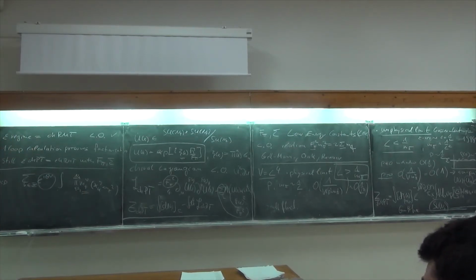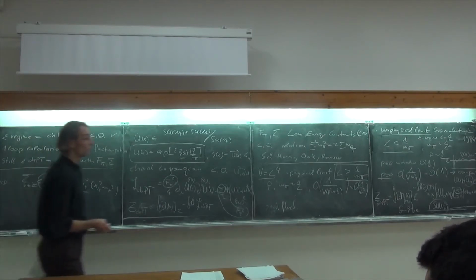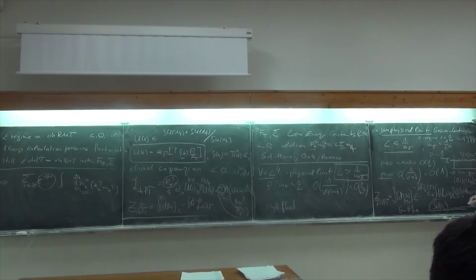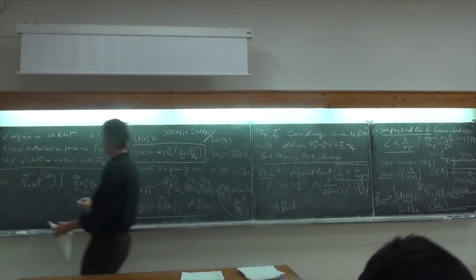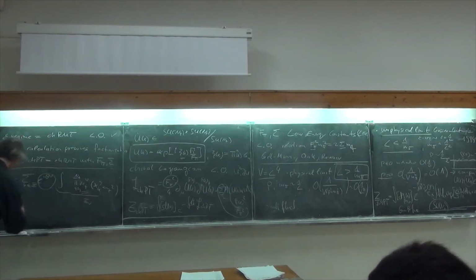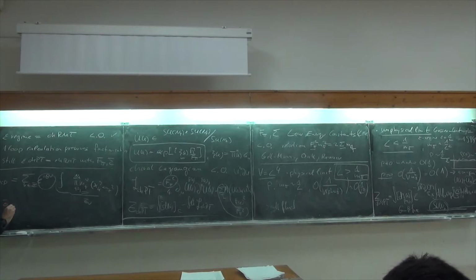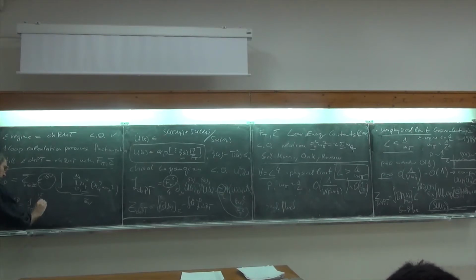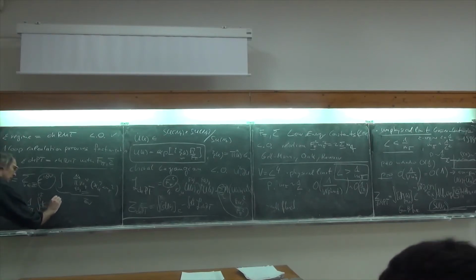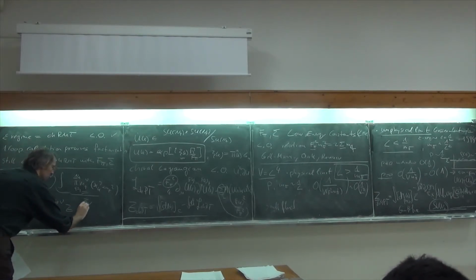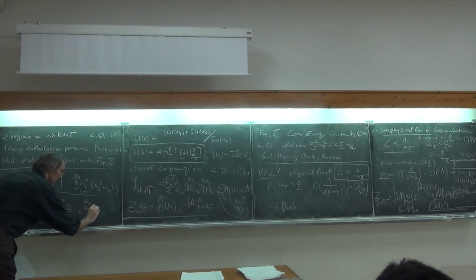That will give me an e to the i theta term here. Then I can project on this Z_mu by doing the Fourier transformation. So this is 1 over 2 pi, integral from 0 to 2 pi d theta, e to the minus i theta mu, and then the partition function with e to the i theta over N_f times the masses.